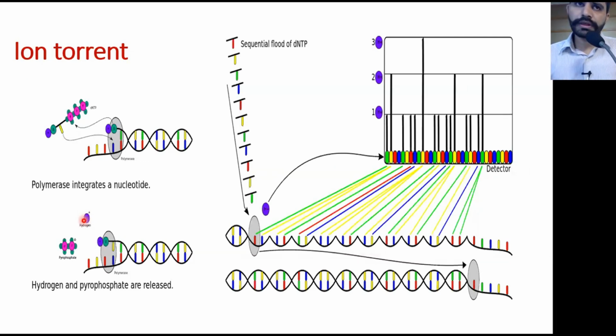For example, we use ATP, and if hydrogen is released and detected, it means at the template strand was T. Similarly, if no hydrogen is released, it means that the complementary nucleotide was not present in the template strand.